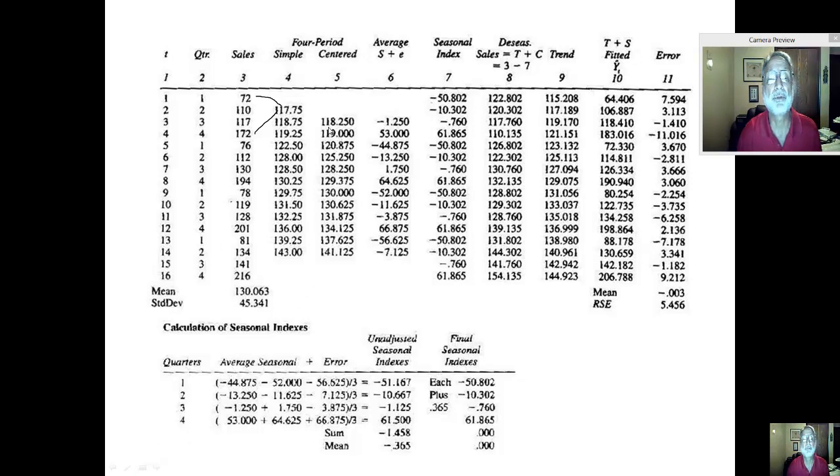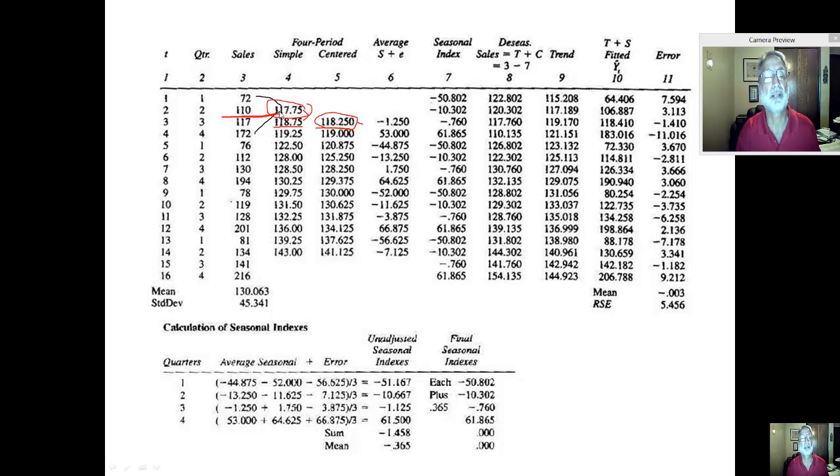Remember now, when we added those together and we got our 118.25 right here, notice that was in between the second and the third quarter, no such quarter. So what we again did, as you'll remember, is add this and this together. This guy here, making sure you understand, is here.